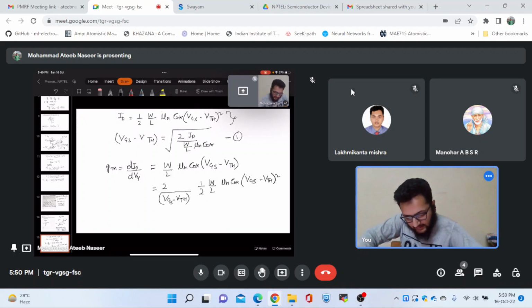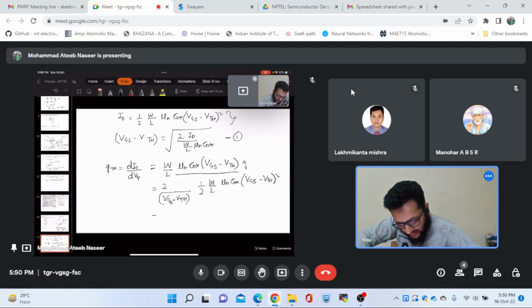This VGS minus VTH will cancel with this VGS minus VTH, and the 2 and 2 will also cancel, and we will just be left with W by L mu n Cox (VGS minus VTH). So these are the same expressions.